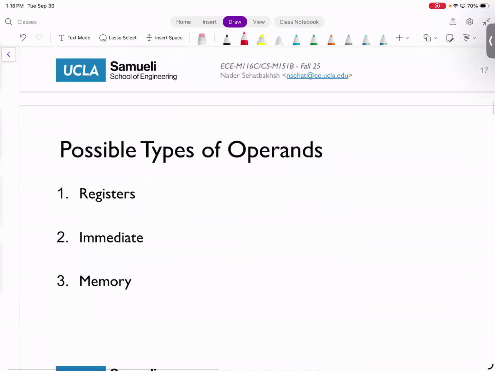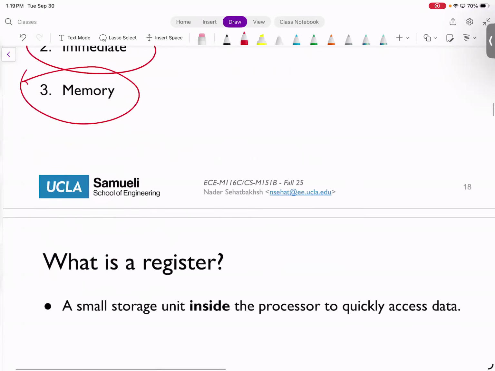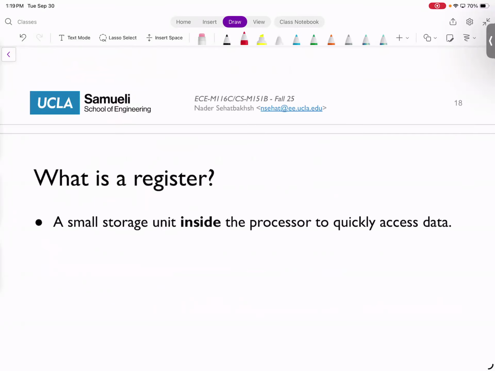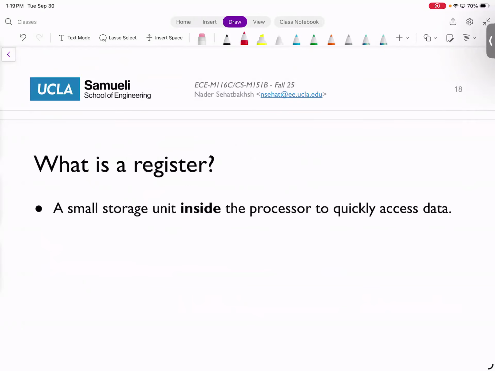There are three types of operands you can see in any standard ISA. And again, from now on, I'm just going to focus on RISC-V. I'm not going to talk about ARM and MIPS and so on, but they're fairly similar. We usually have what we call registers, we have what we call immediates, and we have memory. Registers are the easiest one to think about. Usually there's a small amount of storage within the CPU itself, which we call the register file.